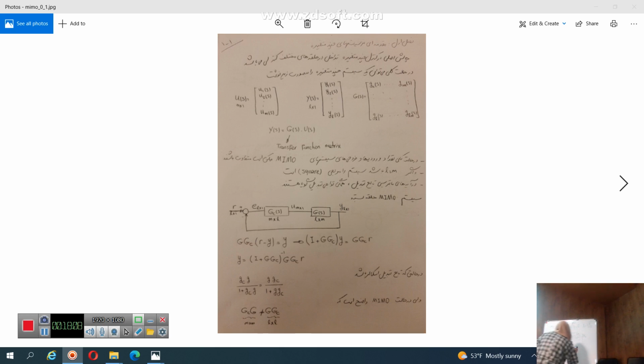Y equal to, for simplicity delete this. G C R minus Y. Transfer all the y to the other side.